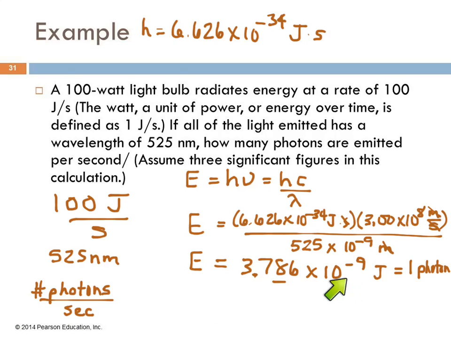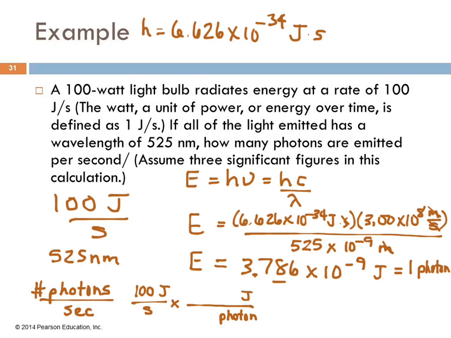So this is joules per photon, right? So we could take 100 joules per second. That's the power of the light. And we could put photons on the bottom and joules on top.